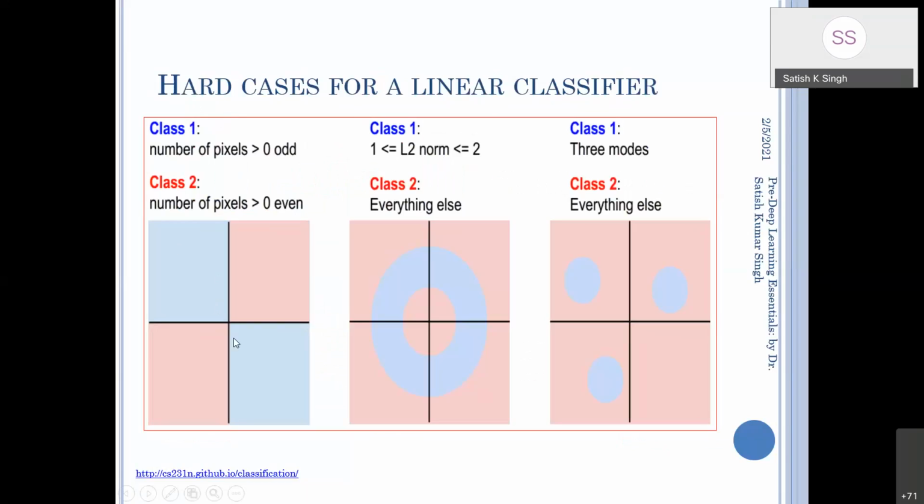Although there are only 2 classes, linear classifiers cannot form the decision boundaries to separate these 2 classes. This type of distribution, or this type of distribution, or this type of distribution. Many such distributions are possible having only 2 classes, and it is almost impossible to separate those classes by using linear discriminant functions or linear classifiers.